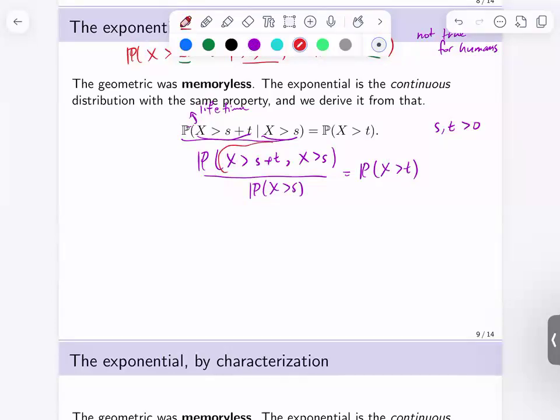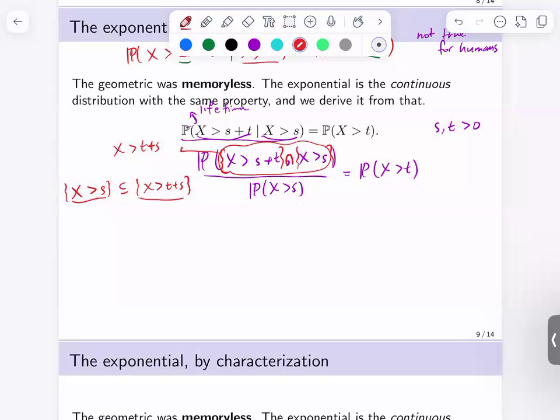So this event is really x bigger than t plus s, because x bigger than t plus s is included in x bigger than s. If something has lived for t plus s units of time, it already has lived s units of time. If you have lived for 40 years, you've already lived 20 years. So this is a subset.